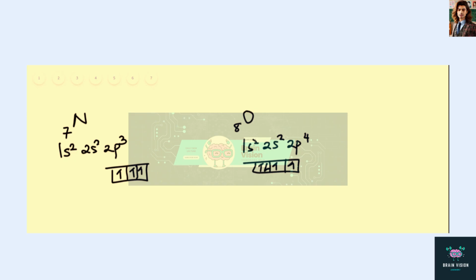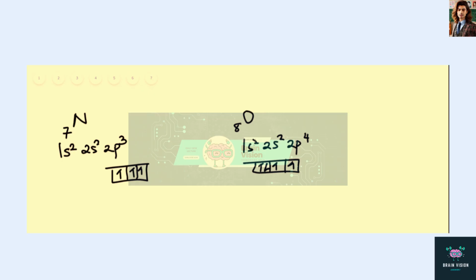So the expected trend is when we are going from nitrogen to oxygen, we expect the first ionization energy to increase, but it is the opposite because of this phenomenon where we have a paired electron in the oxygen that leads to repulsion and leads to a decrease in the ionization energy of the oxygen atom relative to that for the nitrogen atom, and also because the half filled p orbital of nitrogen is stabilized relative to the p orbital of the oxygen, which is not half filled and not fully filled, that leads to the destabilization of the p orbital of oxygen.